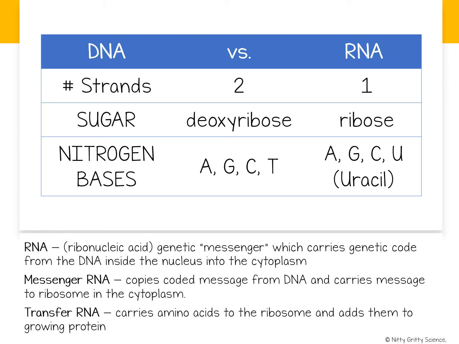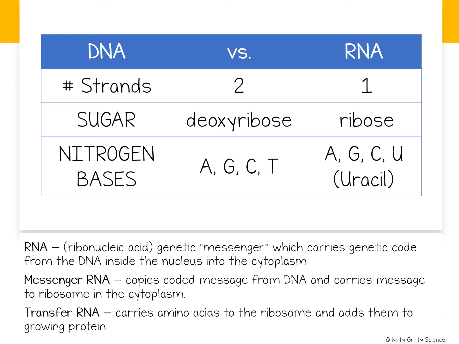Although RNA is similar to DNA, the two molecules differ in some important ways. Unlike DNA, which has 2 strands, RNA has only 1 strand. RNA also contains a different sugar molecule from the sugar found in DNA. Another difference between DNA and RNA is in their nitrogen bases. Like DNA, RNA contains adenine, guanine, and cytosine.